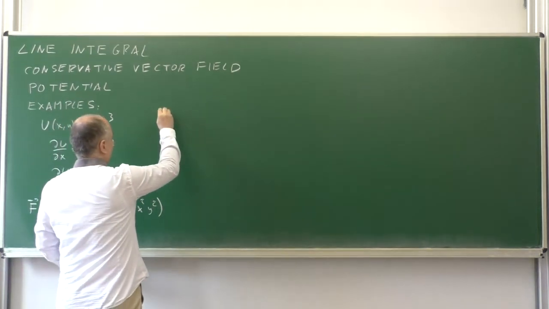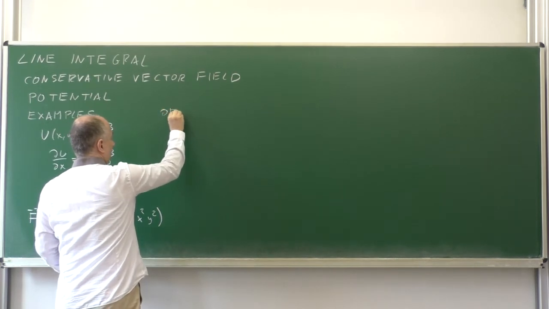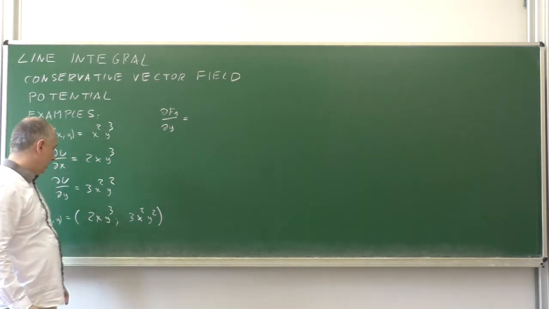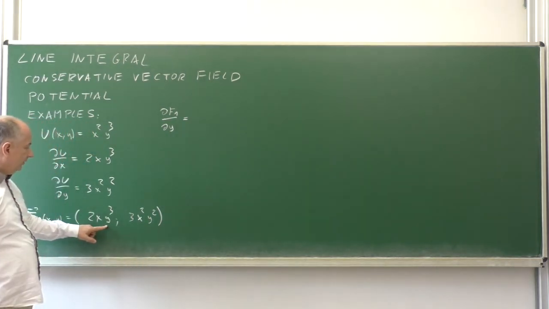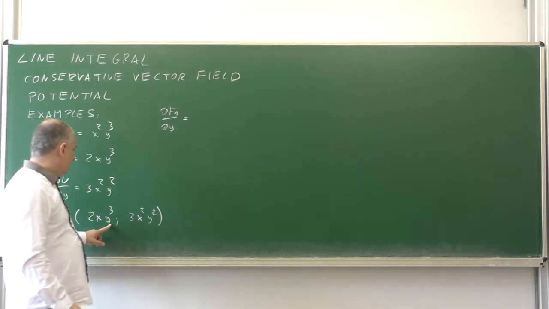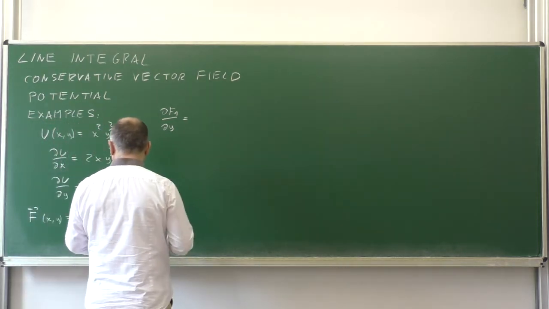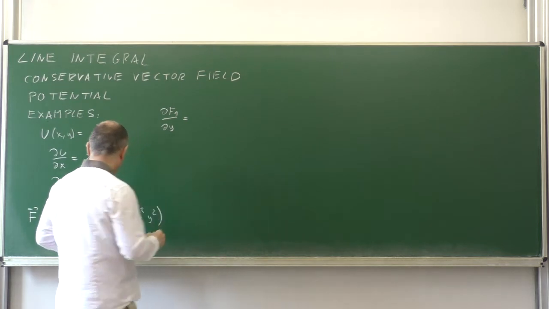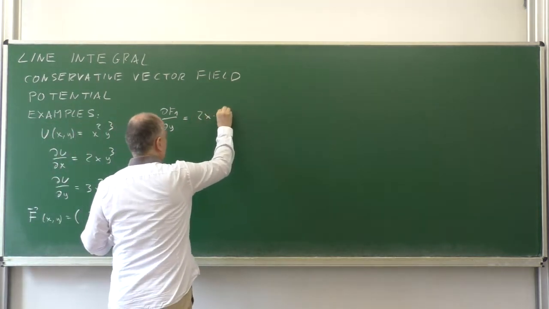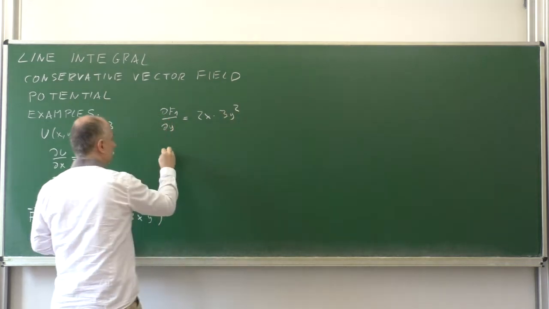If we compute the partial derivative of the first component with respect to the second variable, then differentiating this, 2 is constant, x is constant, and the derivative of y cubed is 3y squared. So we have 2x times 3y squared.